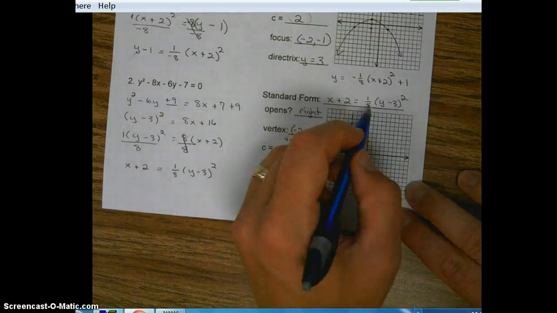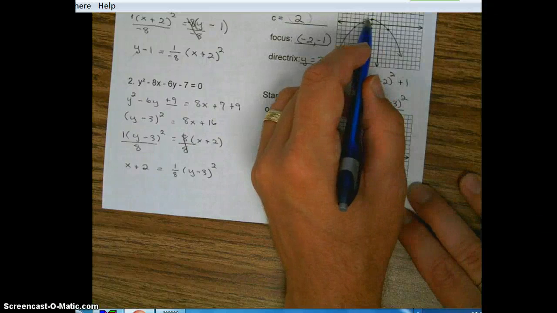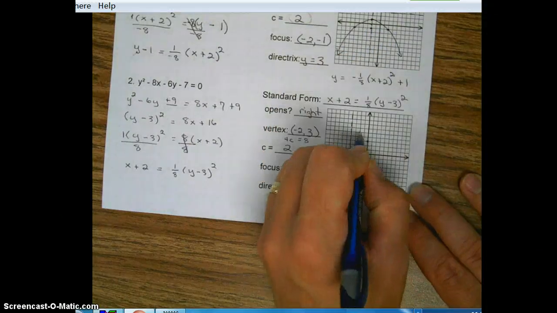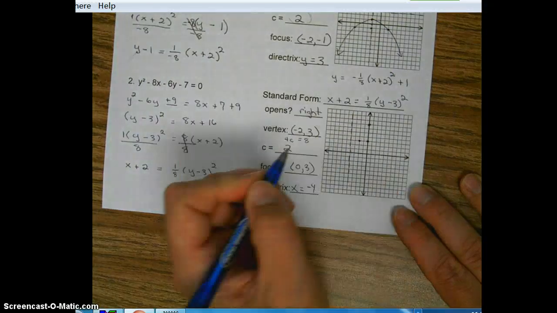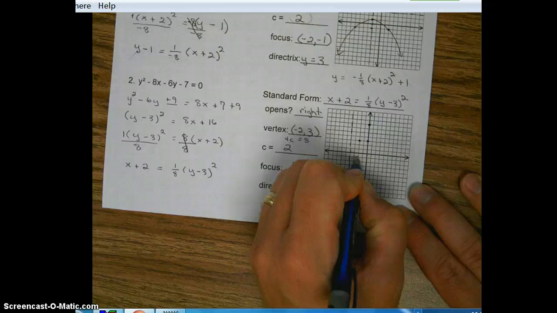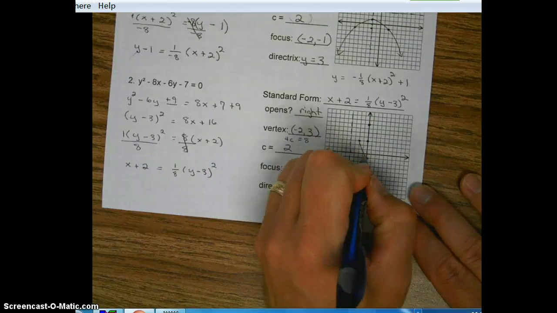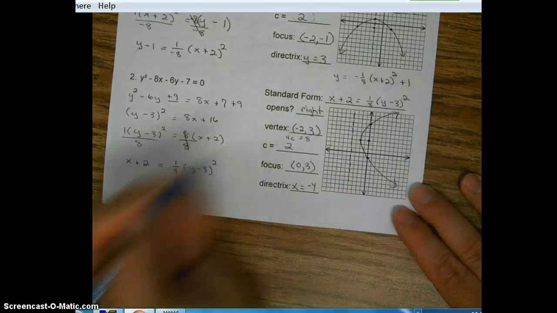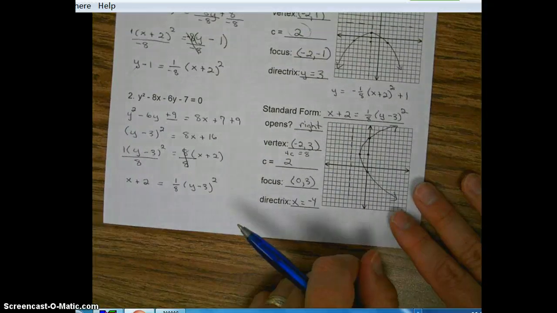Since it's 1/8, it's probably going to be very similar to this. So there's our parabola opening to the right. All right, let's move on.